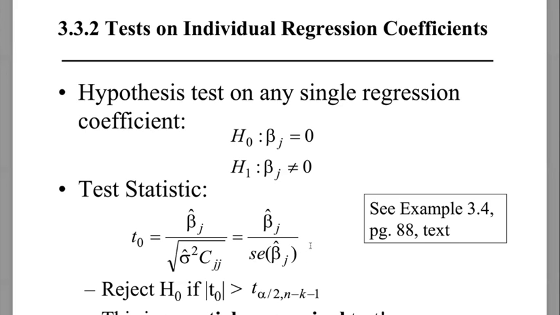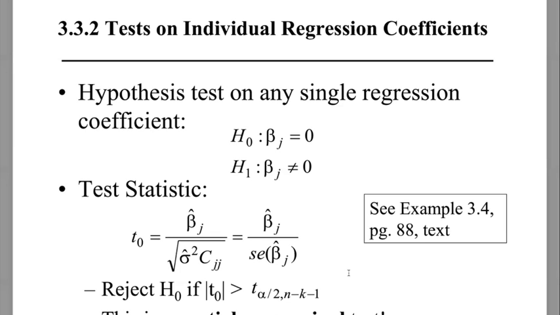You'll recall from your reading in the notes and the previous lecture that the covariance matrix of the beta coefficients is given by the inverse of X prime X. In the book, the inverse of the X prime X matrix is denoted by bold C, and the individual entries in that matrix are denoted by C sub ij.